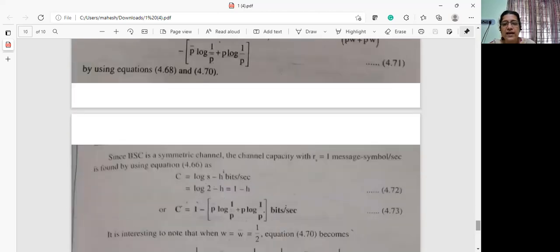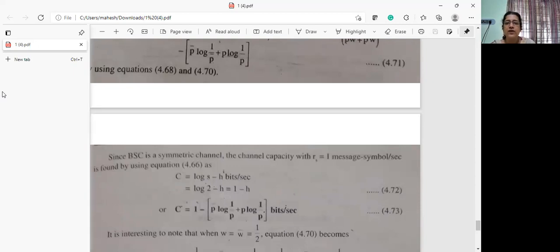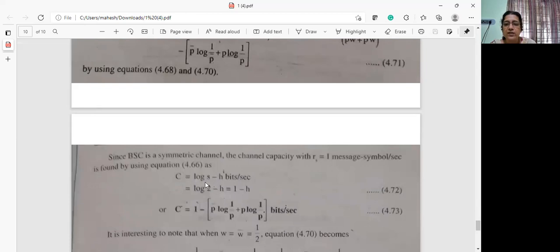Next, you can find the channel capacity. We'll start from the derivation using the equation for channel capacity of a uniform channel. We have seen that the channel capacity of a uniform channel is log S minus H. Now here, what will be S?